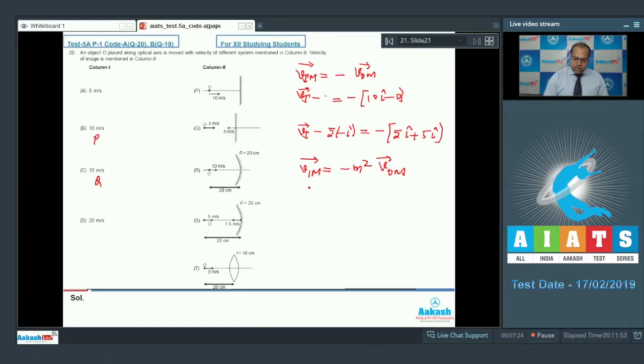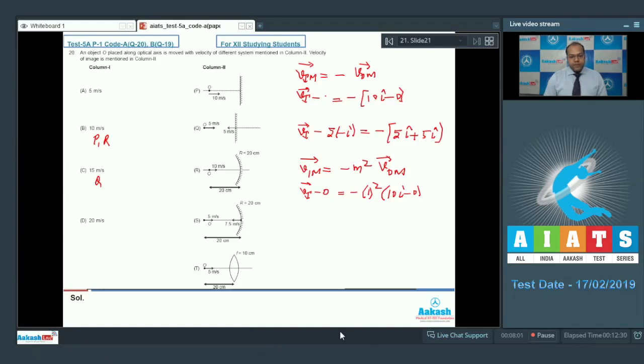In that case, I can write velocity of image minus velocity of mirror, that is 0, is equal to minus 1 whole square into velocity of object, that is 10 I cap minus 0. So from here the velocity of image comes out to be 10 minus I cap. So the correct matching will be B. So the B have a matching P and R.